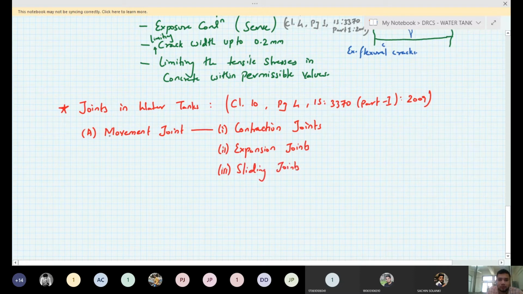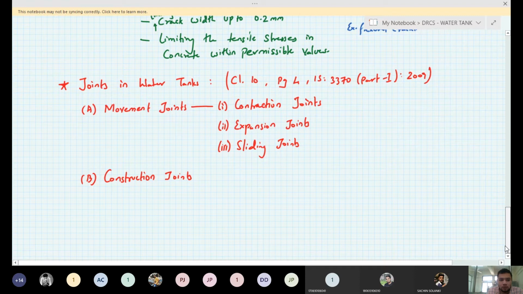So in movement joints, the movement of the structure is allowed. So it can be a contraction type, it can be expansion type joint, or it can be sliding type joints. Then we can have construction joints. Then we can have temporary open joints.